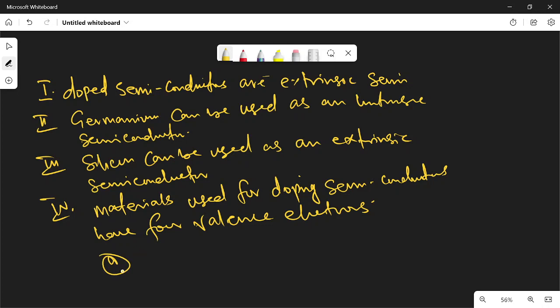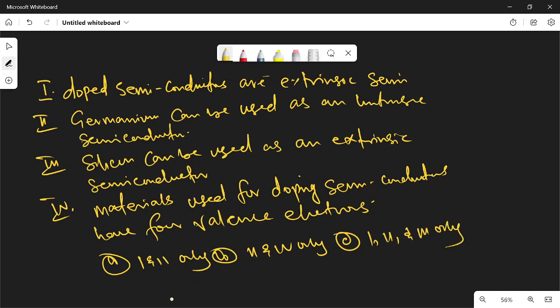Option A, Roman figure 1 and 2 only. Option B, Roman figure 2 and 4 only. Option C, Roman figure 1, 2 and 3 only. Option D, Roman figure 1, 2 and 4 only. Option E, Roman figure 2, 3 and 4.